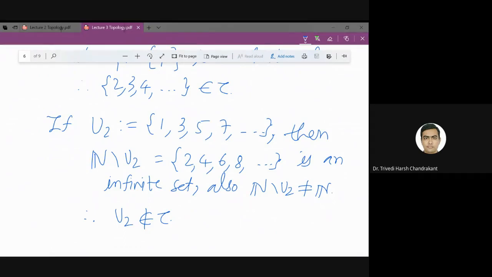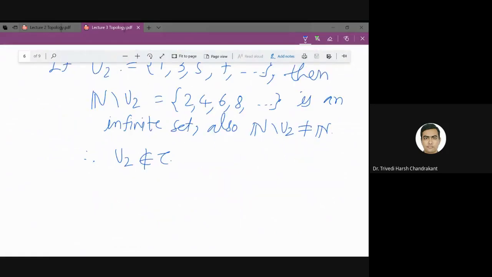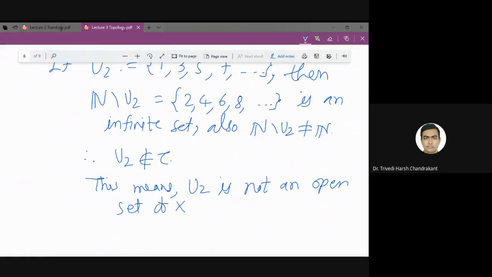So I can rewrite this to mean that U2 is not an open set of X with respect to this tau, or with respect to the finite complement topology.